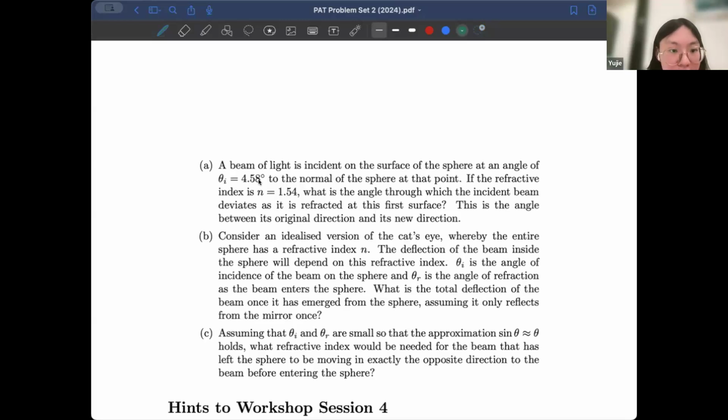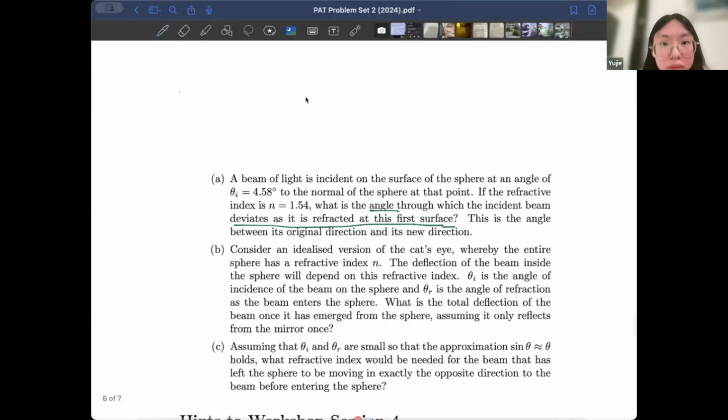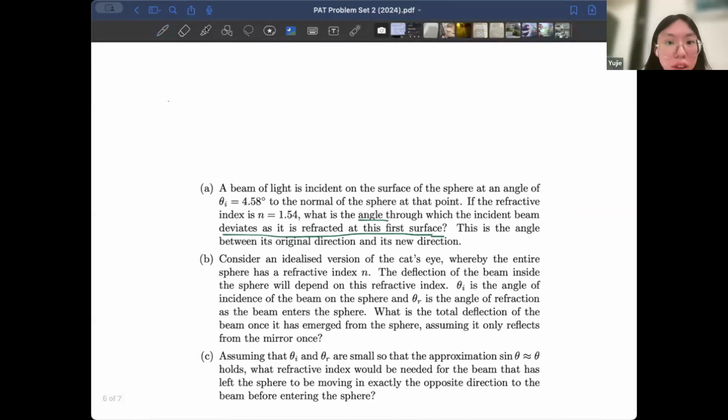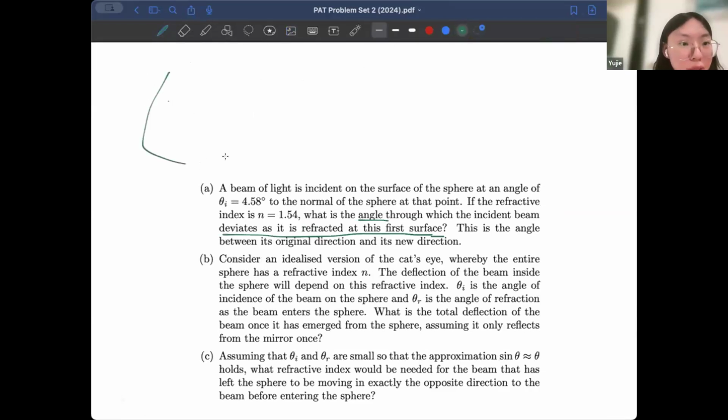But there is a little bit tricky part in this question because the question is actually asking for the angle of deviation at the first surface, not the angle of refraction. So the graph should go like this. I think I somehow cannot paste the graph directly. Never mind, I can draw it myself.